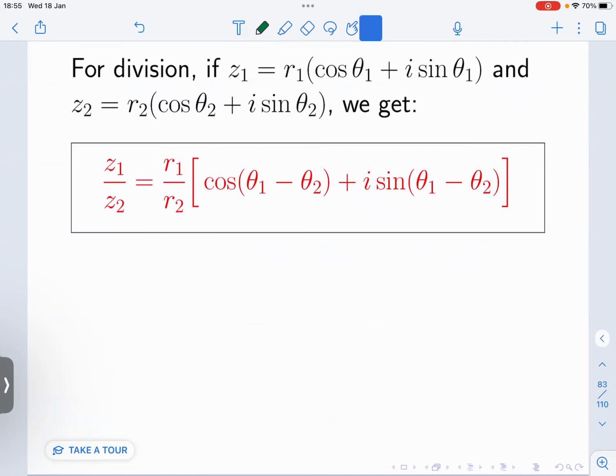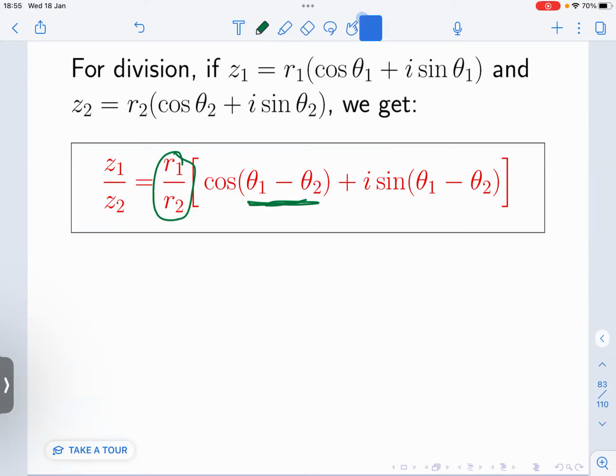And then also for division, we are no longer multiplying r1 with r2. We are now dividing r1 by r2. And when it comes to the argument, we are no longer adding them, but now we will subtract theta 2 from theta 1.